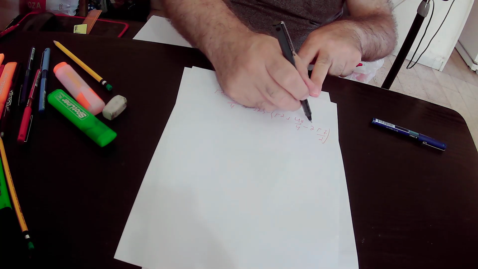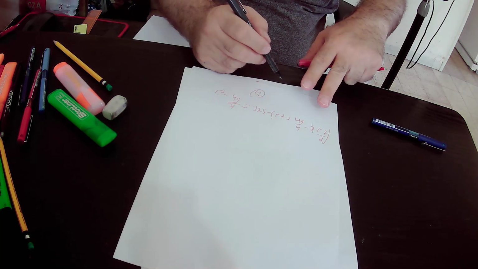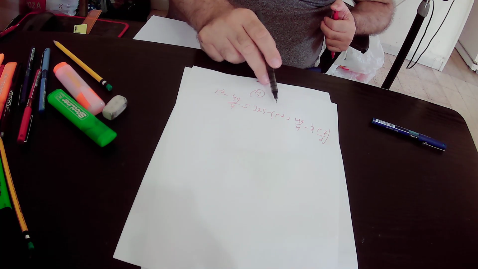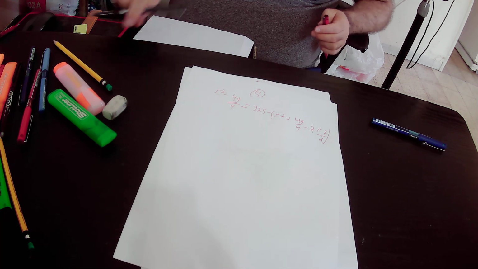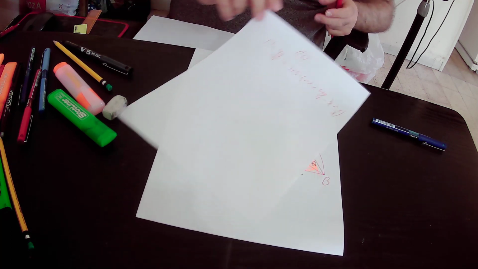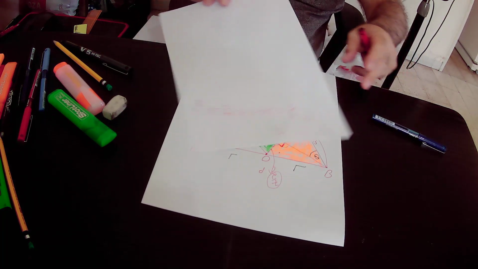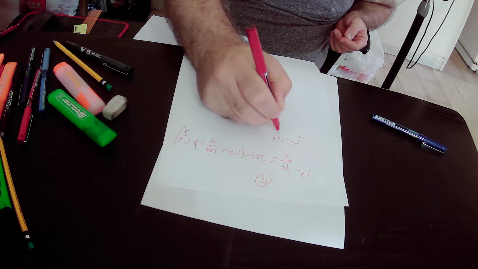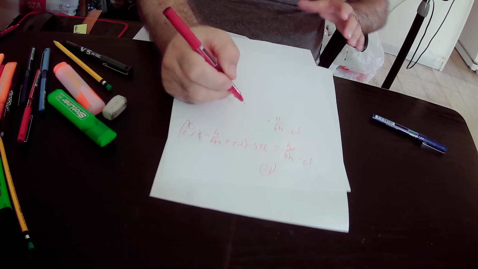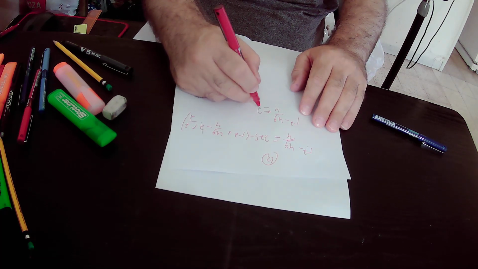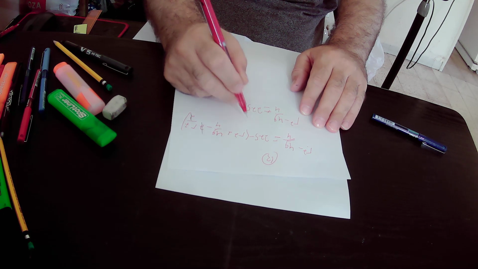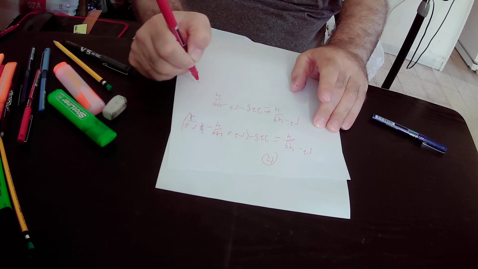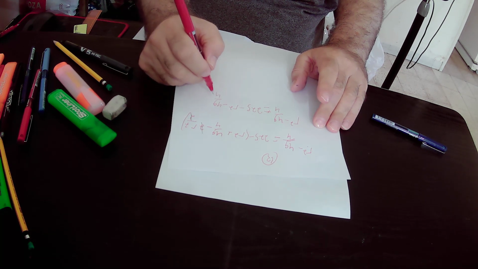What is left here is 7R, and we also open the brackets here and get R squared minus 49 over 4 equals 225 minus R squared minus 49 over 4 plus 7R.